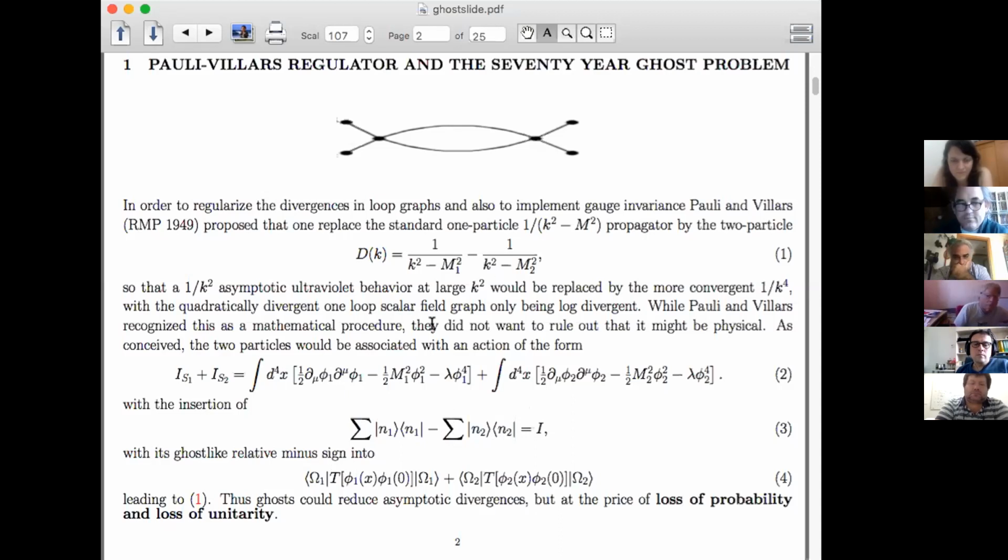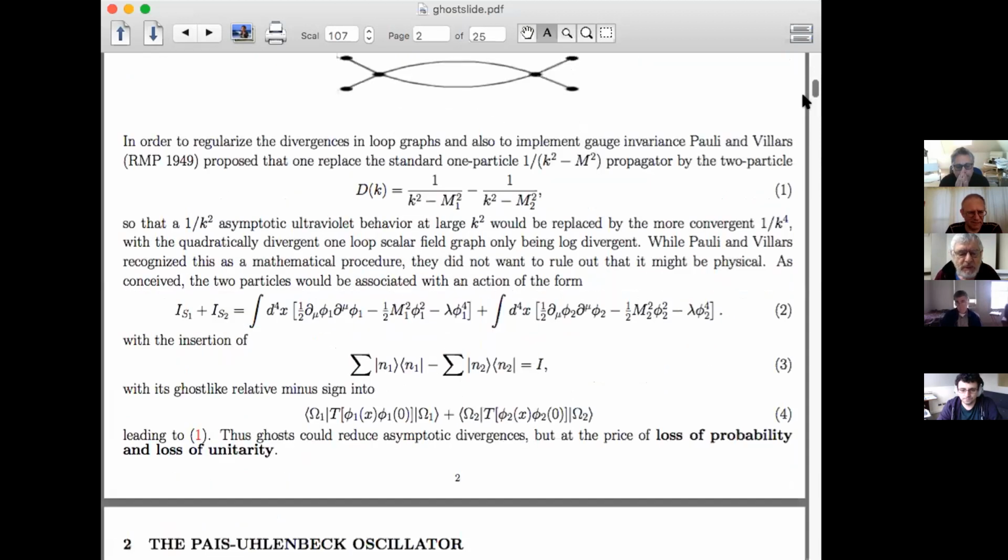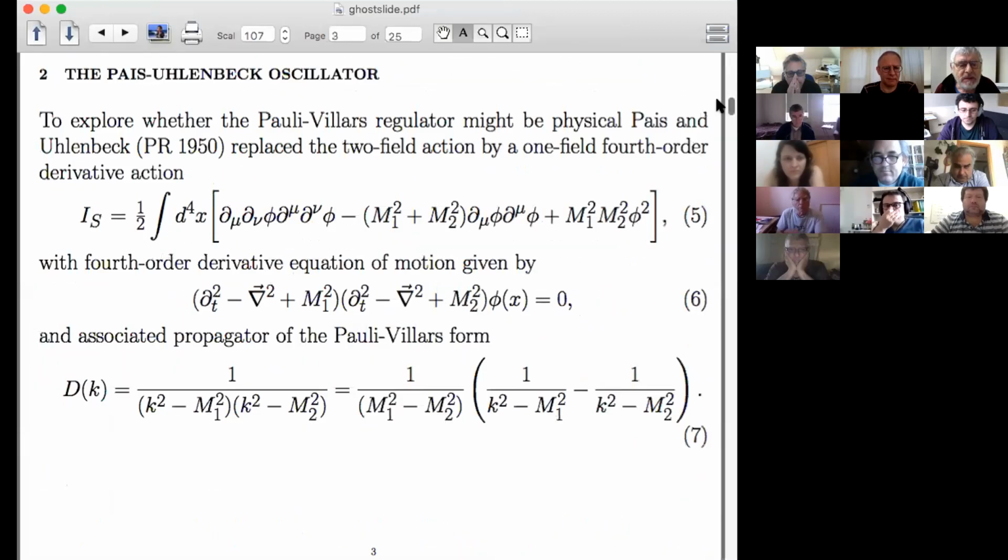So the difficulty that the theory has is that the price you pay for getting the improved convergence is an apparent minus sign, states of negative norm, loss of probability, and loss of unitarity. So that's the shortcoming, and we're going to see that this replicates in many, many different places.